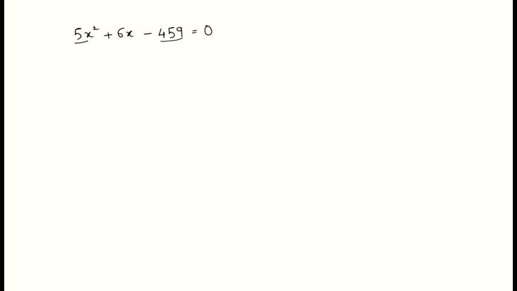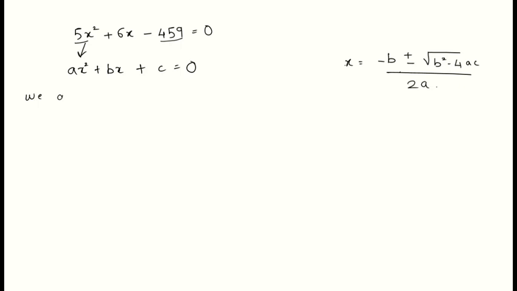In the formula method, we get the value of x with the help of the formula: x is equal to minus b plus or minus square root of b square minus 4ac, upon 2a. Comparing this equation with ax square plus bx plus c equal to 0, we get a is equal to 5, b is equal to 6, c is equal to minus 459.